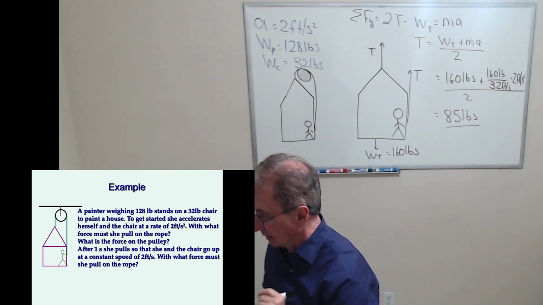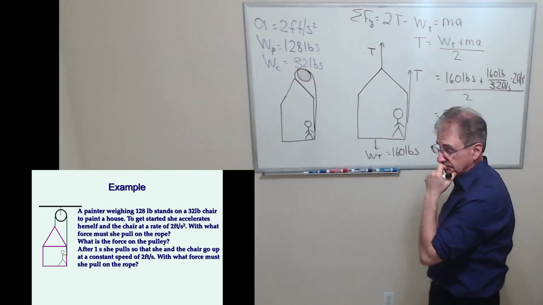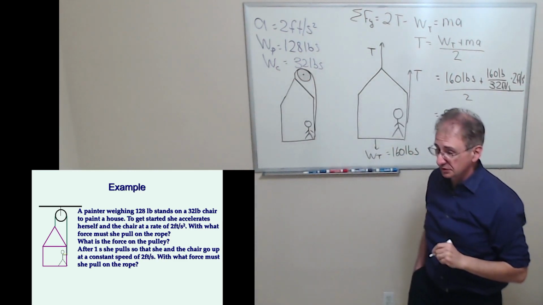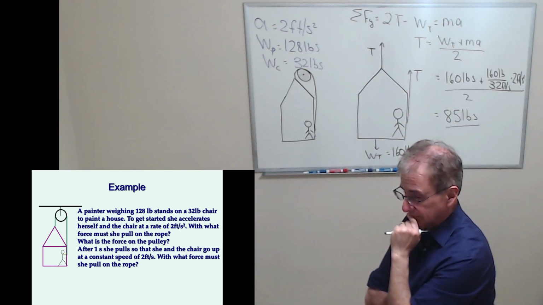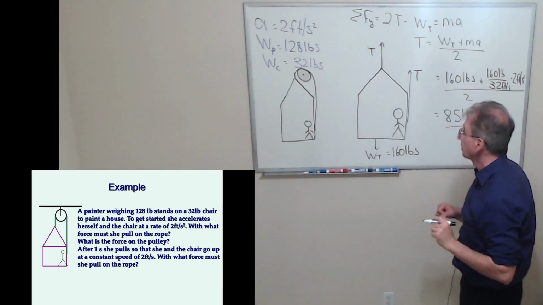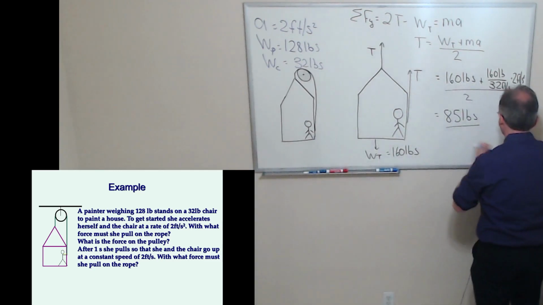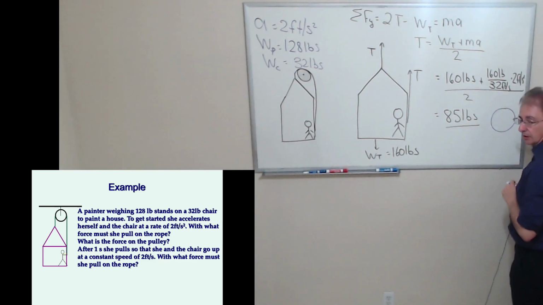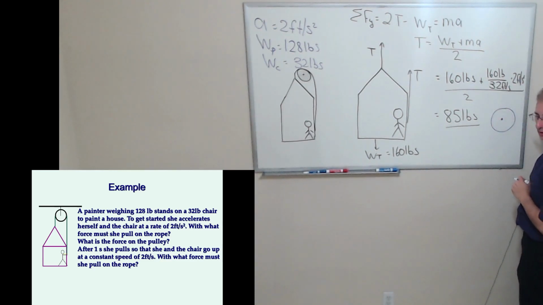Now, what is the force on the pulley? In other words, if you're trying to hold up that pulley, what's the force holding it up? Well, if you draw a free body diagram on the pulley itself, the pulley isn't moving. Here's the pulley, and here's the axle of the pulley that's holding it up.